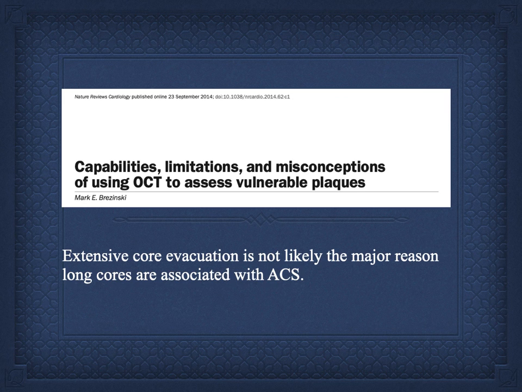And I believe it was in response to this, there's a response, I believe it was from the Mount Sinai and Washington groups, that said, well, we would see more core evacuations if that was true. And it still may be true. There's more complicated reasons, but it forced us to really rethink why long cores were causing ACS.